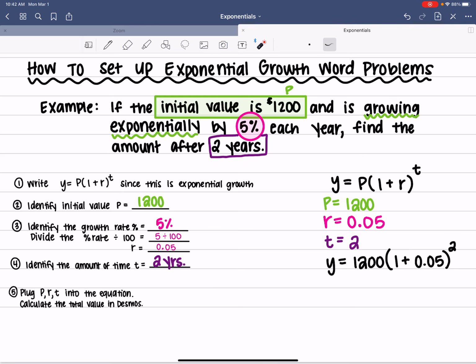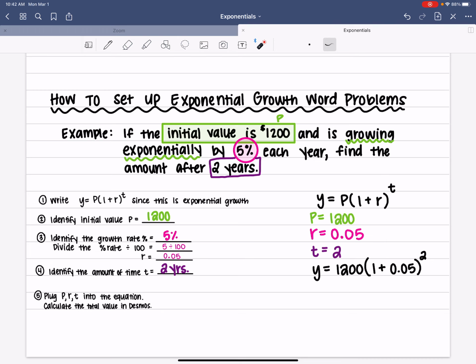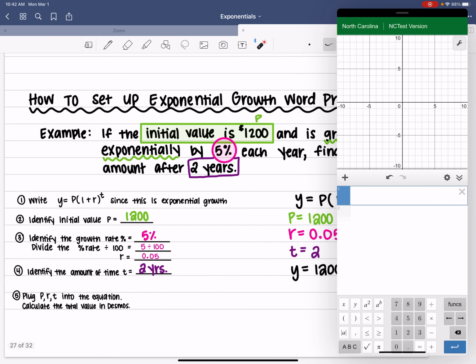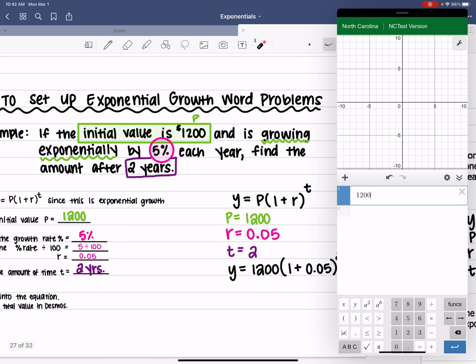So in Desmos, I'm going to type all of that in. Now, I don't need to type y equals. I'm just going to type in the values that I want. Okay, so I'm going to type in 1200, parentheses, 1 plus 0.05, close my parentheses.